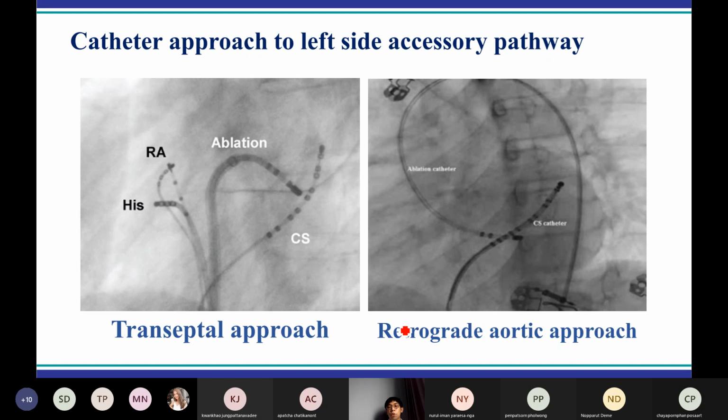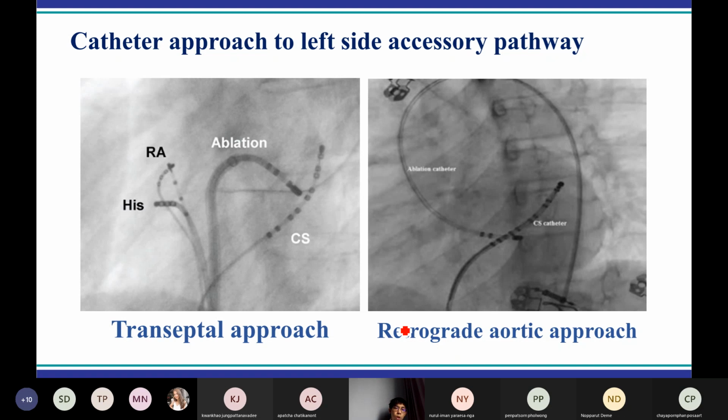We puncture the right femoral artery, go through the aorta and use the catheter to go into the LV and LA. This is called the retrograde aortic approach.